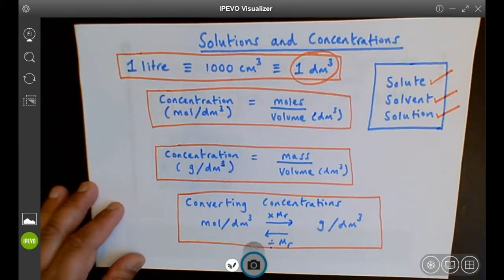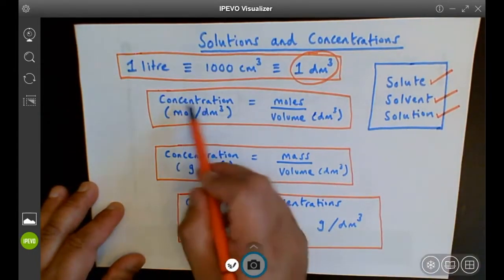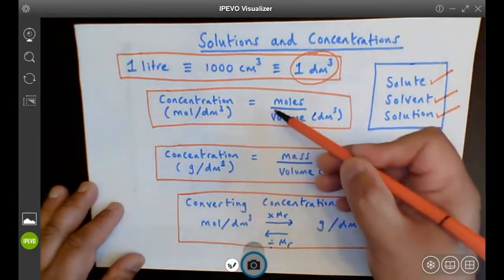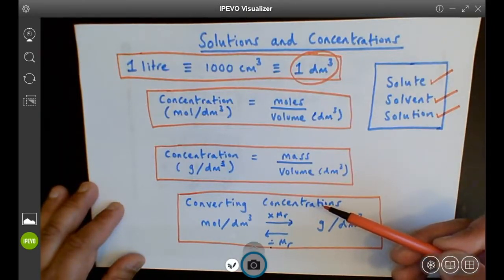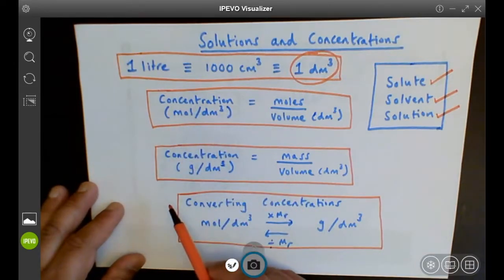So, concentration. Once we have our solute dissolved in the solvent, then we can work out the concentration of that solution. And we've got two very important equations here. In some textbooks, in some videos, they'll show you triangles, but I'm trying to stay away from triangles because I want you to look at the units, because the units usually help you remember the equations.